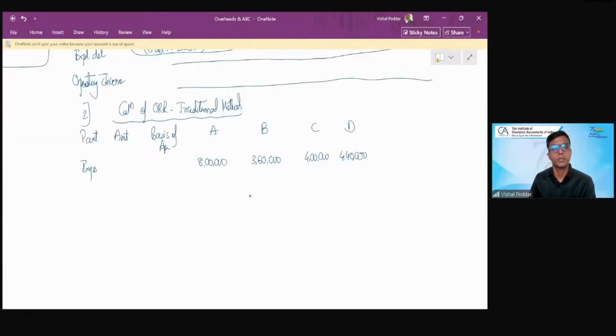Correct? Expenses, that is overheads. Now, Department C's expenses, Department D's expenses. The basis is given.